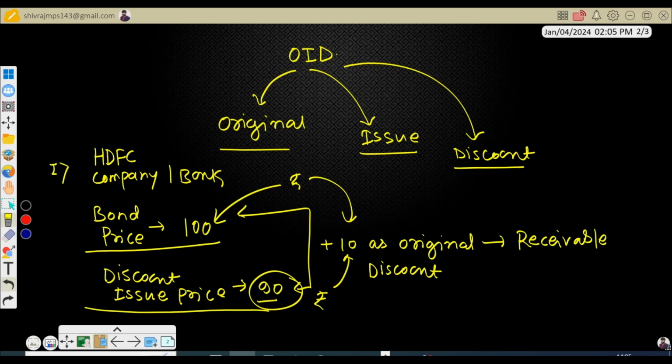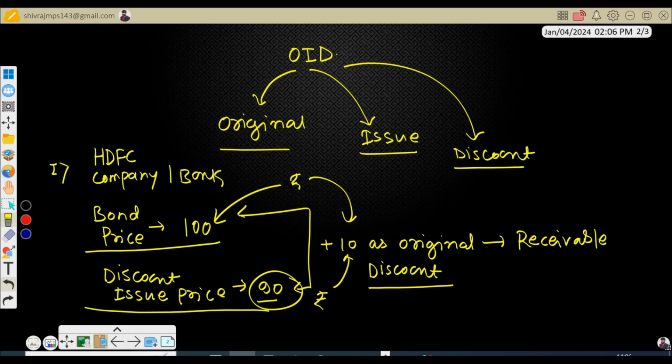At the time of maturity, the issuer will return that 10 rupees OID to you. The reason is the redemption price is 100 and the original investment price is 90. So on maturity, you will receive 100 rupees, which means you receive a discount of 10 rupees at maturity. That's how OID will be realized to you on maturity.